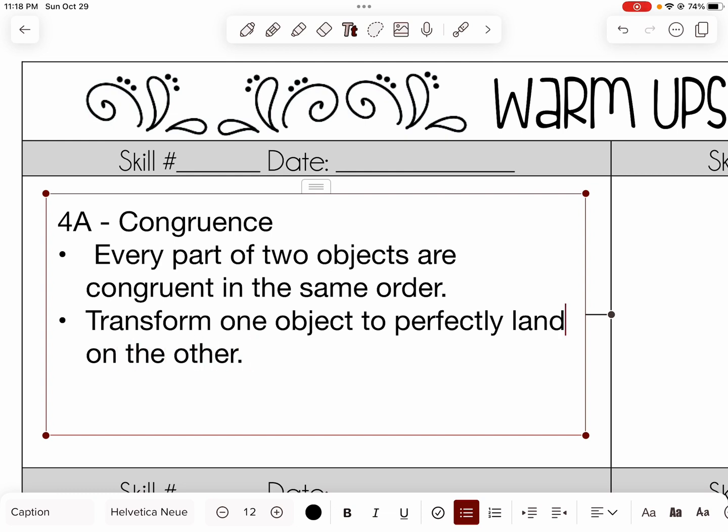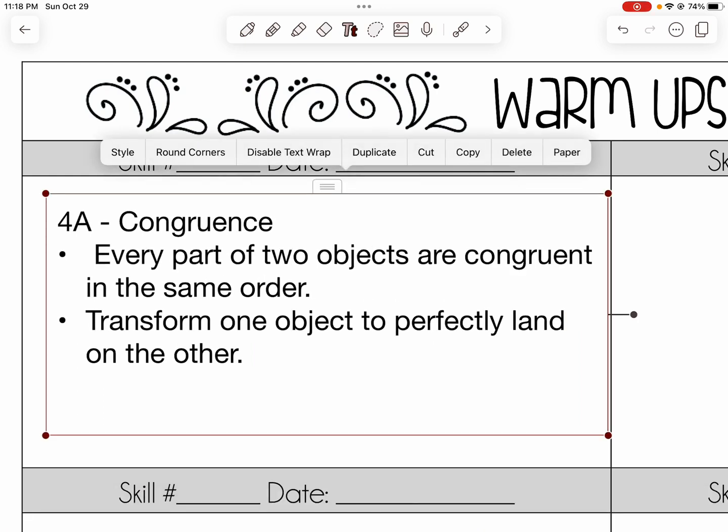So we want to determine if two objects are congruent, if they have the same order, and we're going to transform one object to perfectly land on the other. Okay, these are two main ways to determine congruence. They can get pretty complicated after you get to more complex shapes. So I just want you to be prepared for that. And let's get to it.